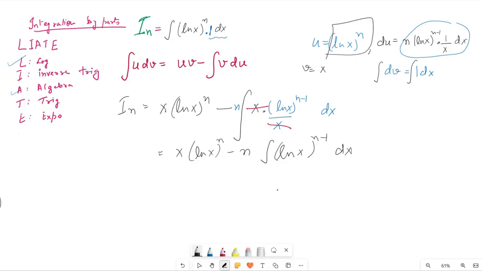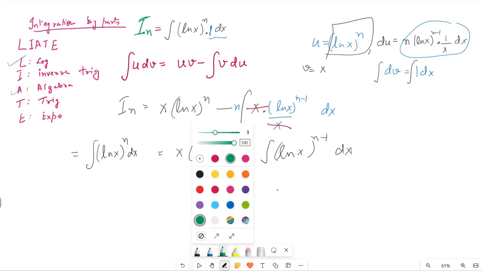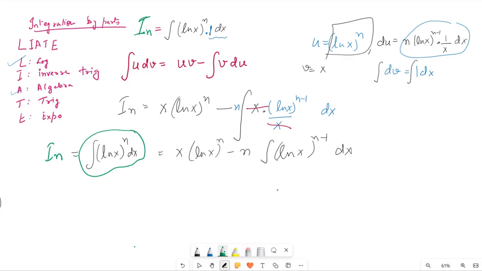Where did we start from? We started from the integral of natural log of x to the power n dx, and I named that I_n because the power n is here. If you notice, this thing is exactly the same as this, except in place of n there is n minus 1.